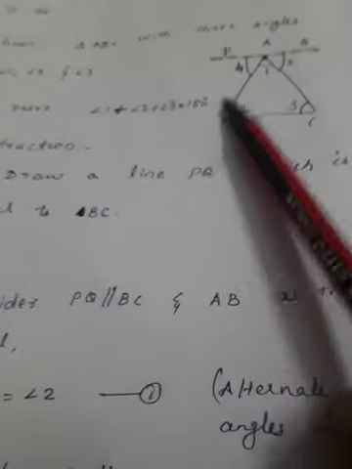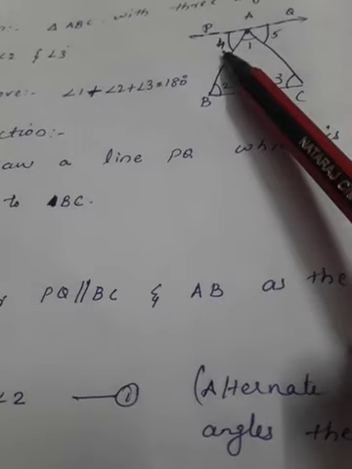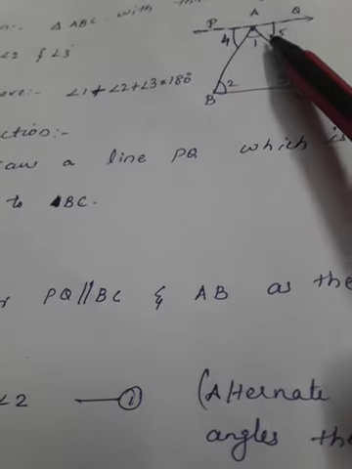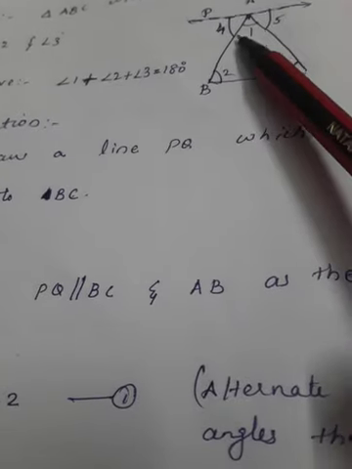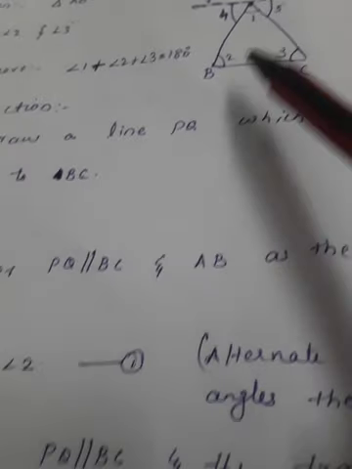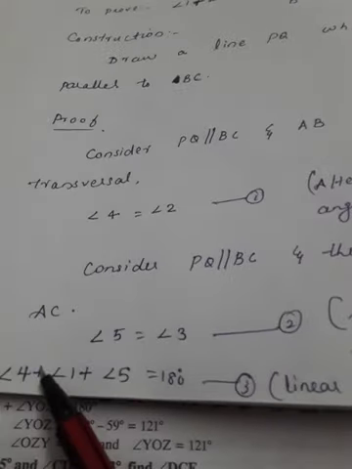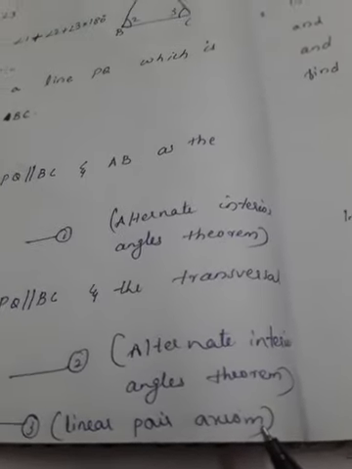Okay, then here we know that 4 plus 1 plus 5 sum will be 180 degrees. What is the reason? Linear pair axiom, or angle on a straight line, any reason we can write. So here I wrote angle 4 plus angle 1 plus angle 5 equals 180 degrees by the linear pair axiom.